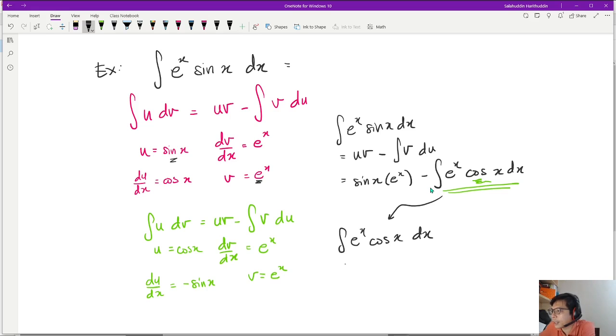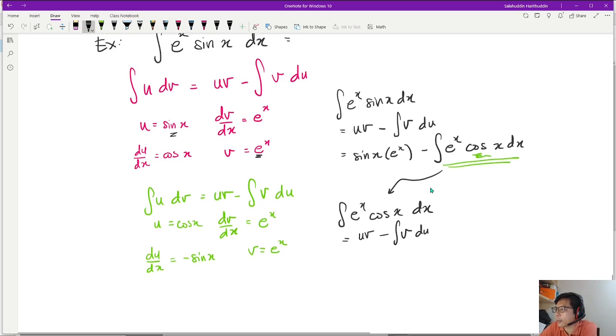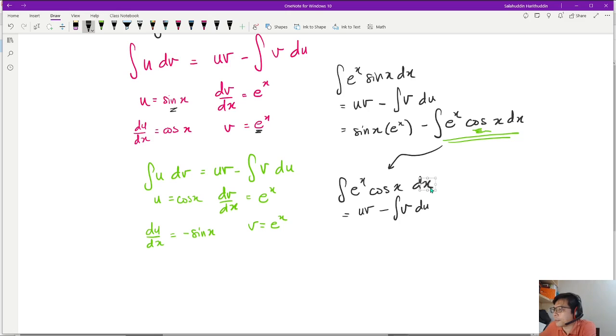Alright, so according to this, u times v minus the integral of v du. So u, I know that it's cosine x. v, I know that it's e to the power of x.